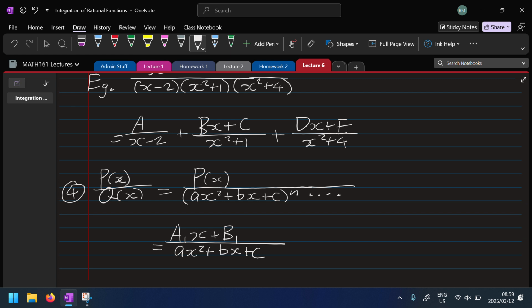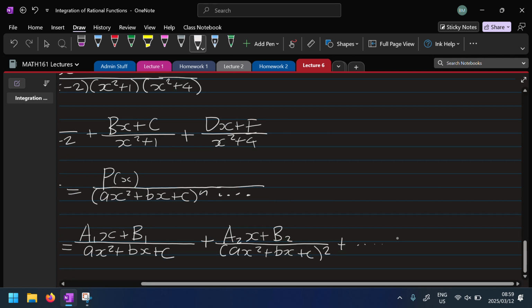Now we have the one for it being squared. So plus a2x plus b2 over ax squared plus bx plus c, all of that squared, plus dot dot dot, all the way up to the nth power, because we have n of them.